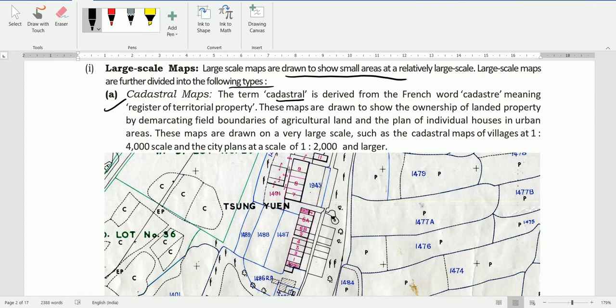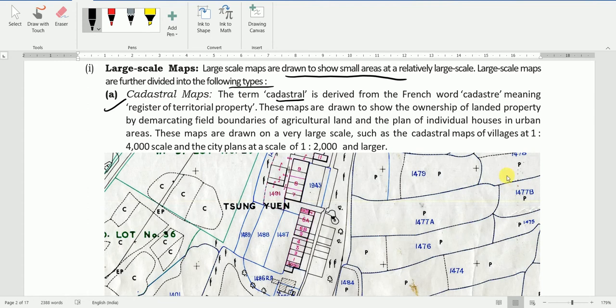These maps represent the ownership of landed property by demarcating field boundaries.